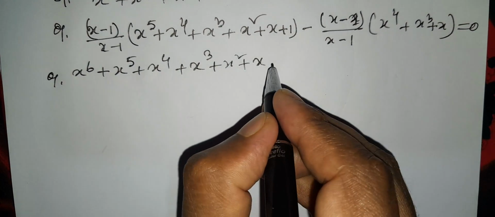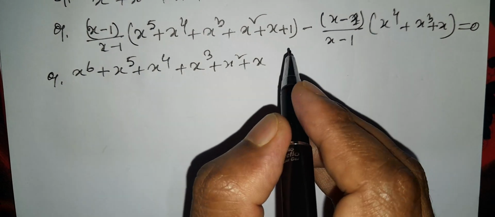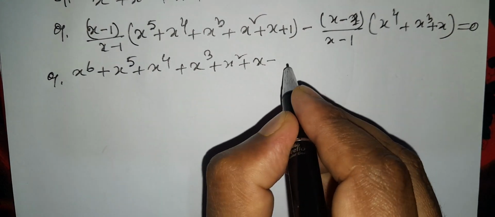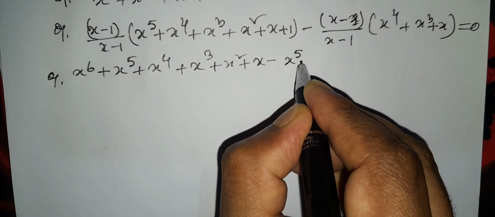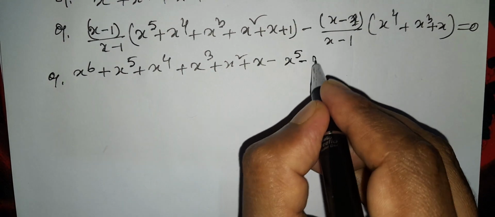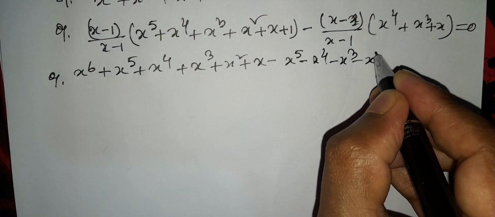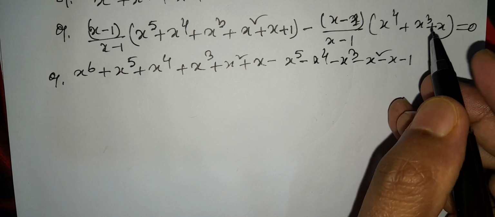Okay, and the minus value: x to the power 5 minus x to the power 4 minus x cube minus x square minus x minus 1.